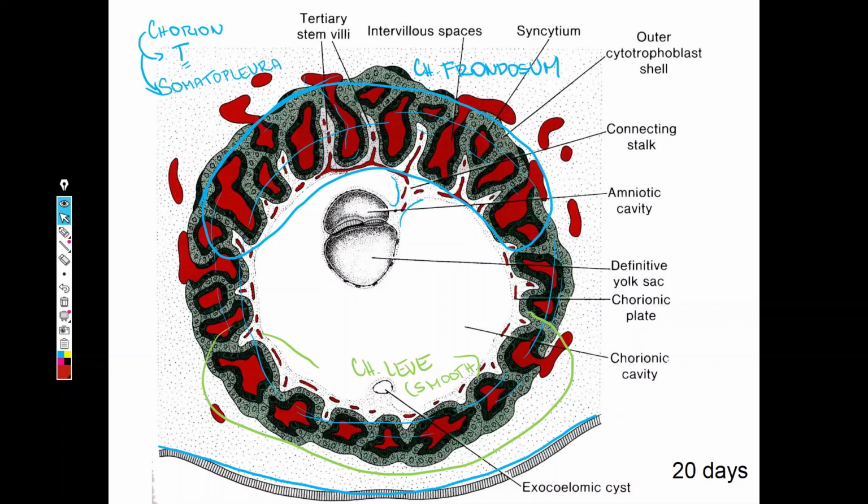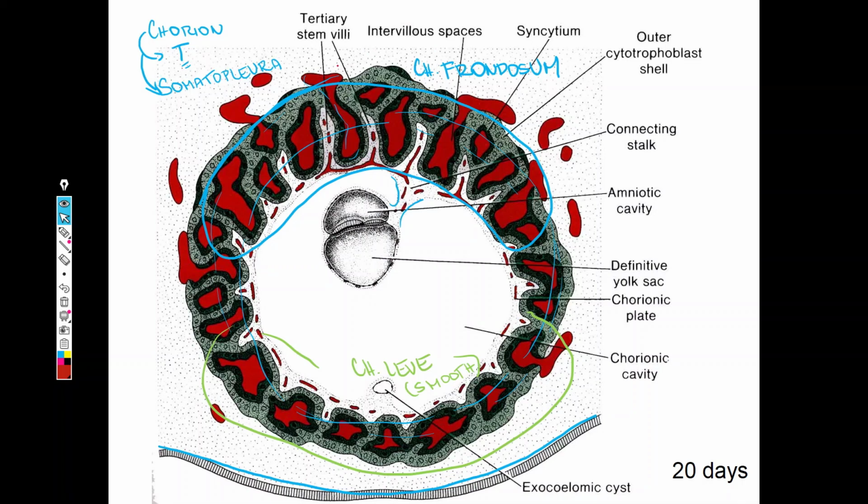We also have decidua around these layers, and there isn't only one decidua, there are many types of decidua. We distinguish the decidua basalis, or the basal decidua, which is very close to the chorion frondosum.